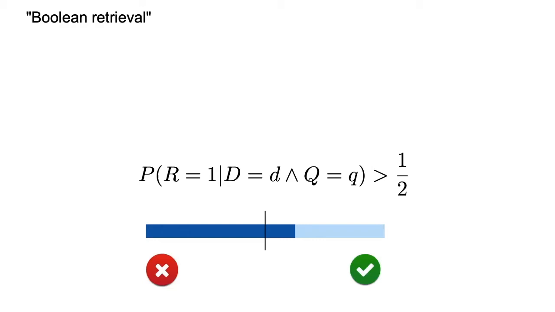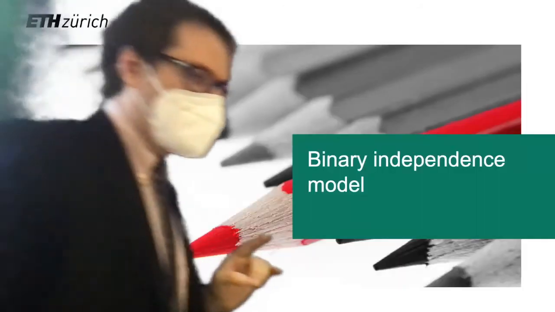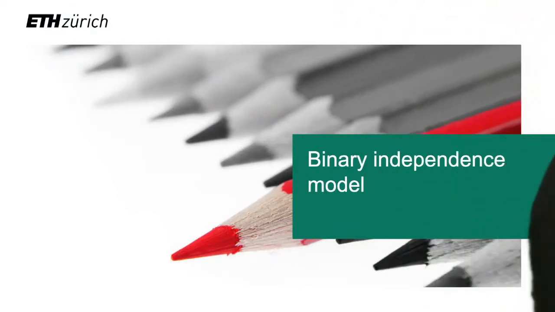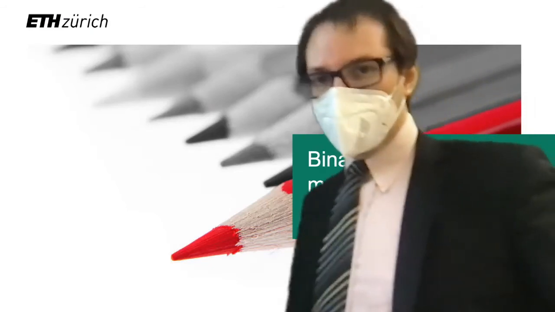Well, you would have to compute the probability, right? That's the challenging part. How do we compute this probability? And this is exactly what we are going to study now with what's called the binary independence model. That is one of the founding models that gives you a way to compute these probabilities. And as you can imagine, we are going to do that with the Bayesian rules and everything that we've been rehearsing last week and this week.